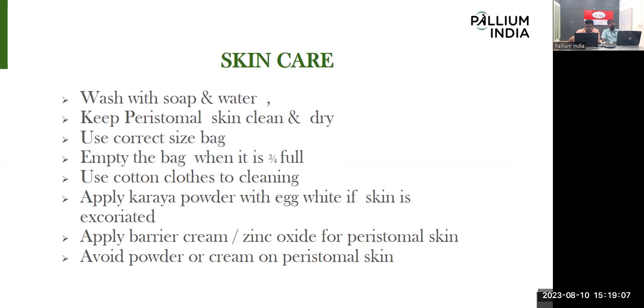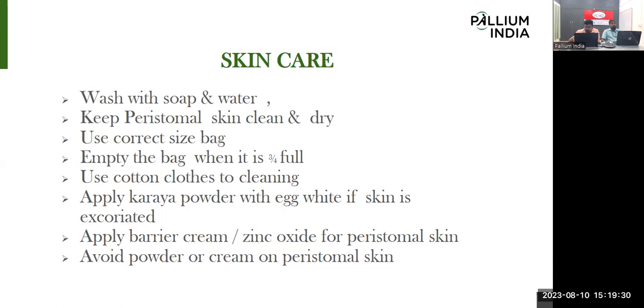Then on the coating we can fix the colostomy bag base plate. So we avoid the excoriated area coming in contact with the base plate, since the karaya and egg mix sits in between like a film coating.